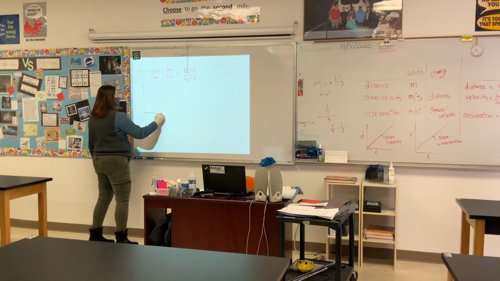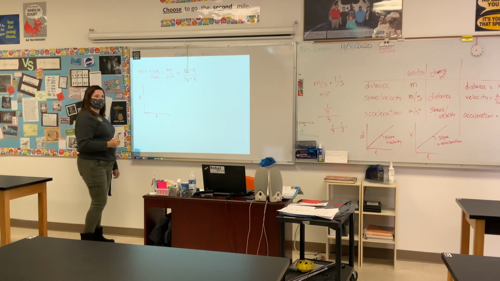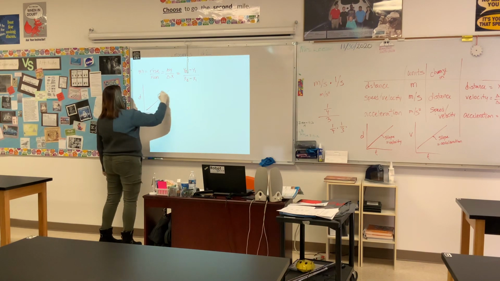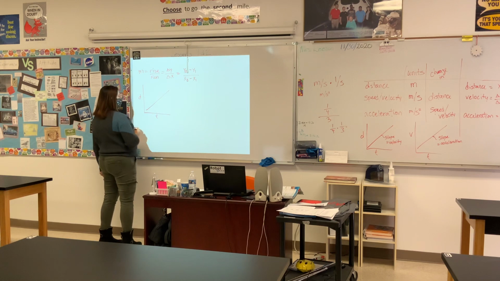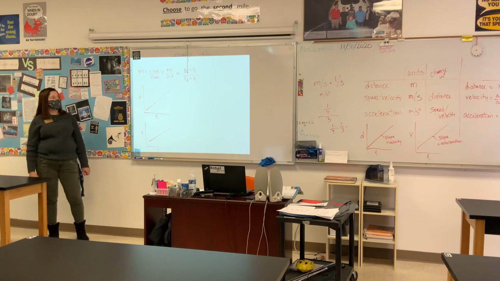Okay, so if I have a distance time graph and I see a positive slope, what kind of motion do I have? What's happening? It's accelerating. Going up. Nope, there's no acceleration here.